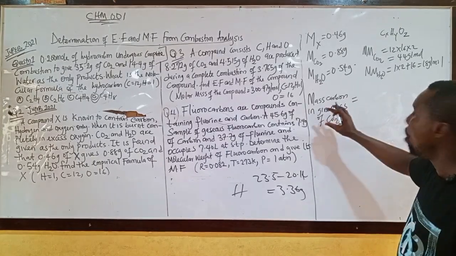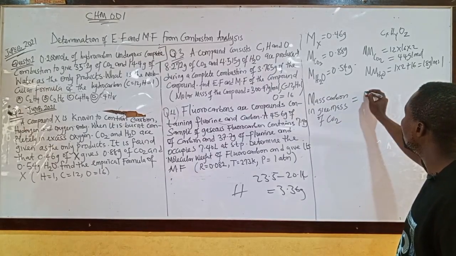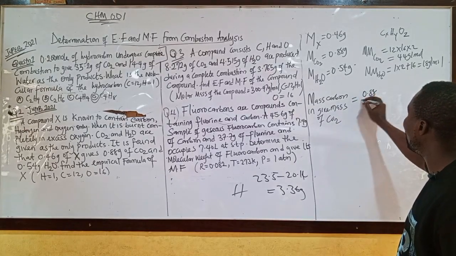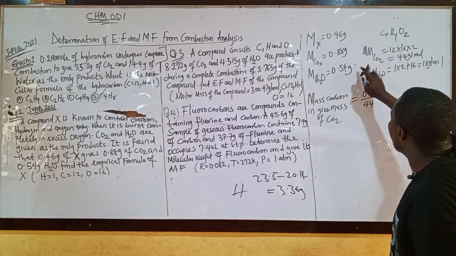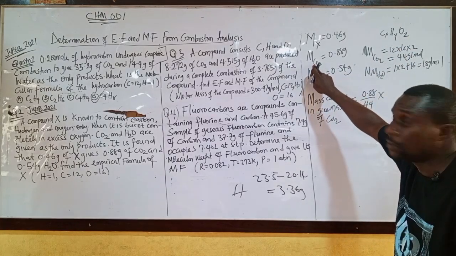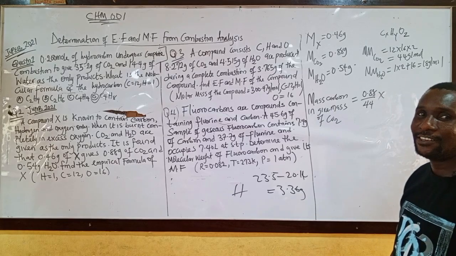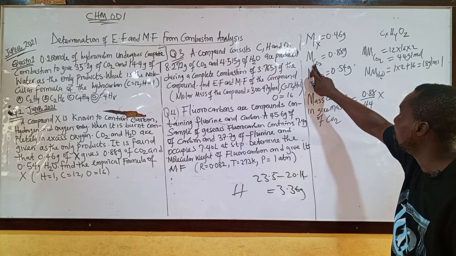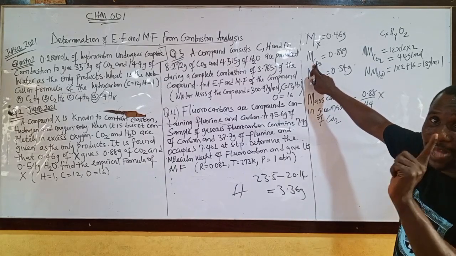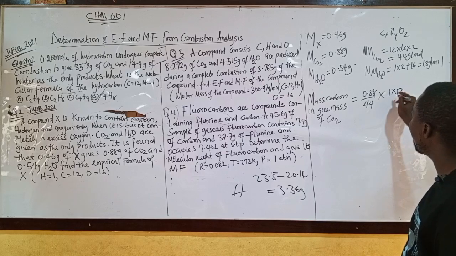How will I do that? Find the mole of the given mass of CO2. That means mole of CO2 is mass of CO2 over the molar mass, 44, times the mass of carbon. Okay, mass of carbon in CO2. How many carbon do I have? 1 in this CO2. 1 times the mass number of carbon.